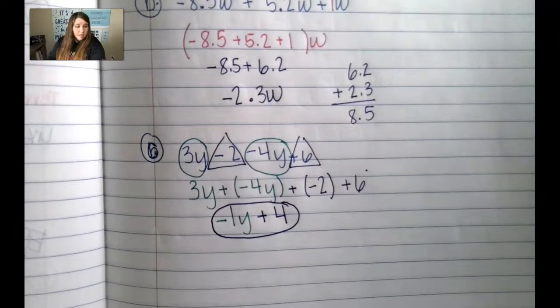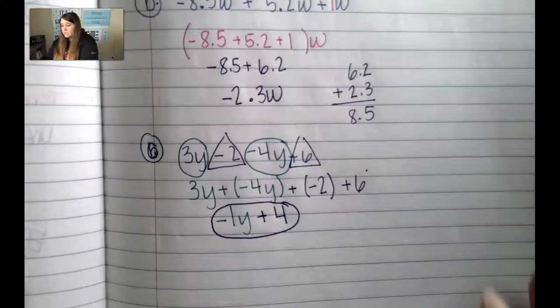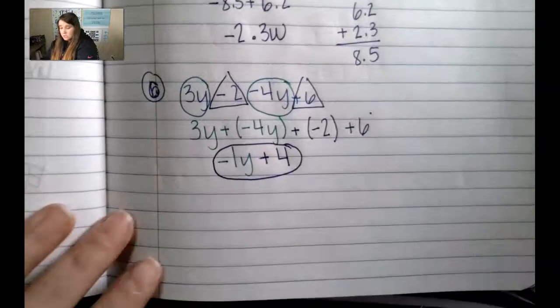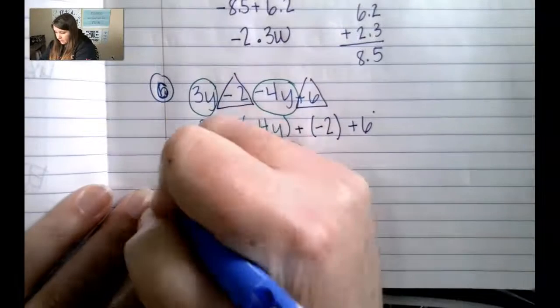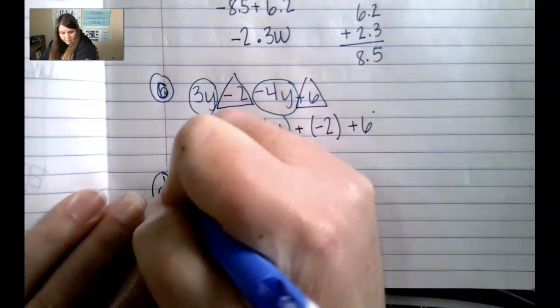Okay, in our next example, we're going to do one that has a fraction in it, so that we can see how to combine those fractions. Again, rational numbers, combining things that are the same.